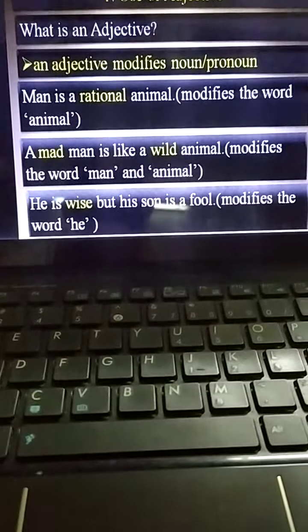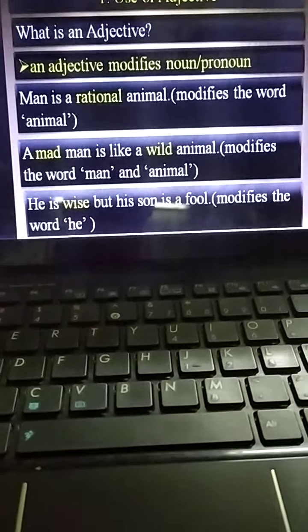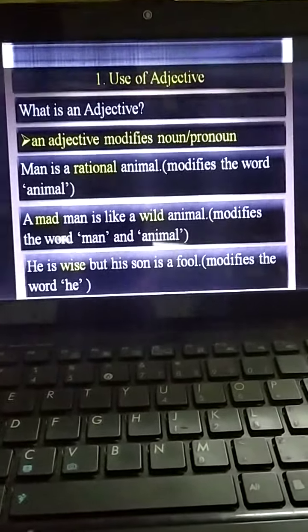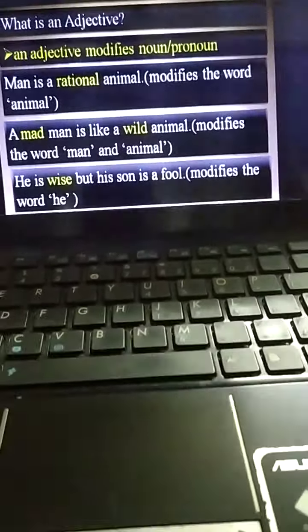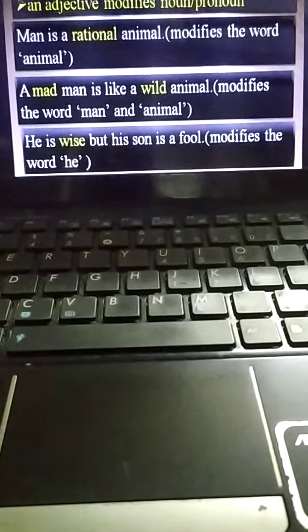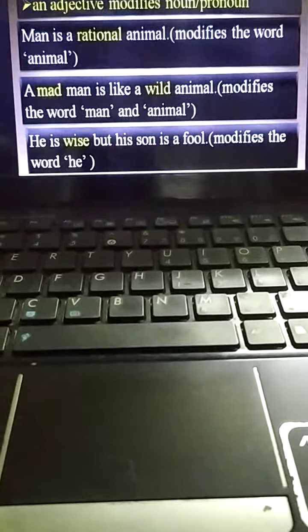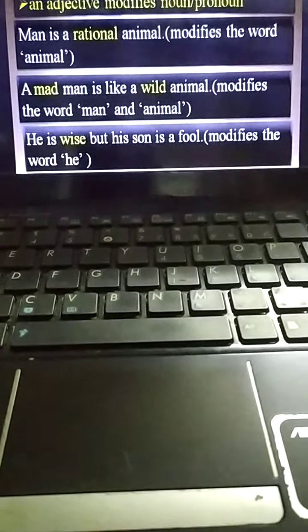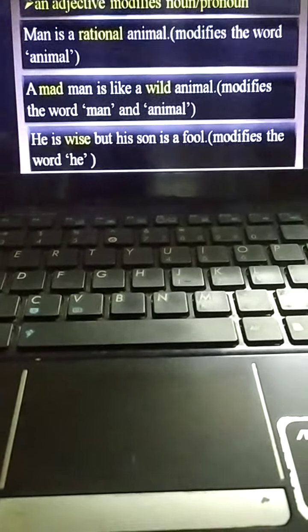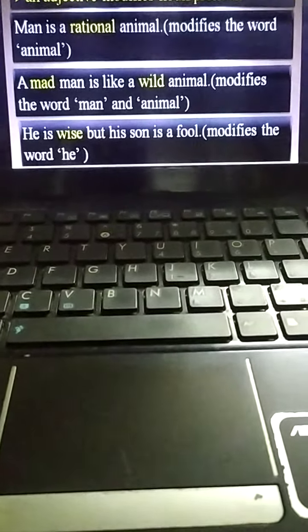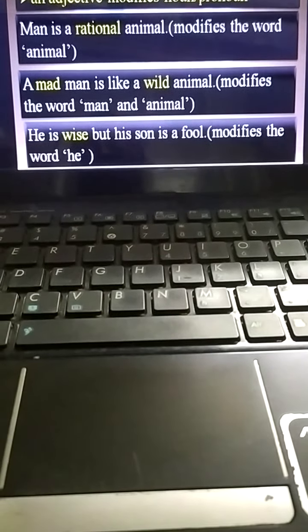Next, another example: He is wise, but his son is a fool. He is wise. The word wise modifies the pronoun he. Who is wise? He is wise. Therefore, the word wise is an adjective and it modifies a pronoun.